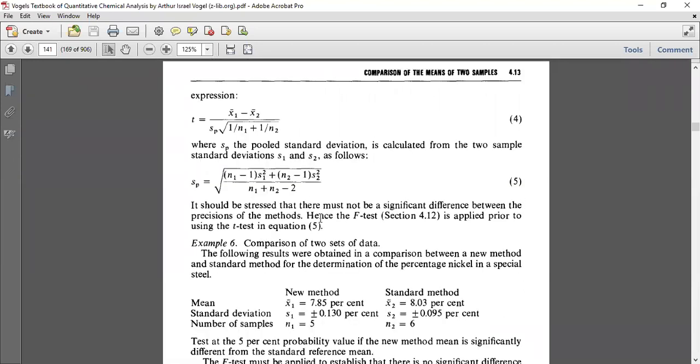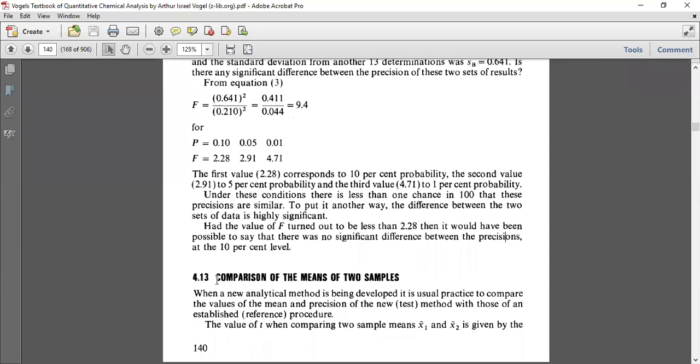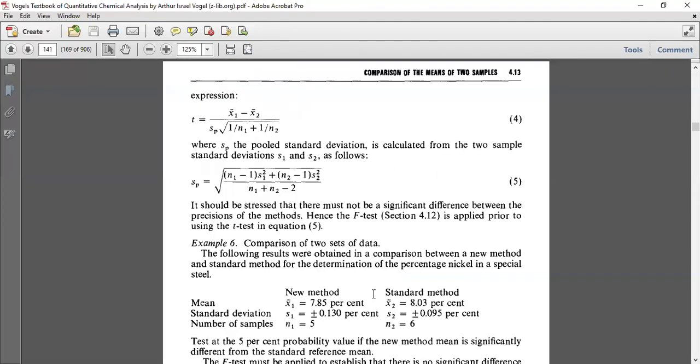Good. Then we'll move on to the next point, that is comparison of the means of two samples.